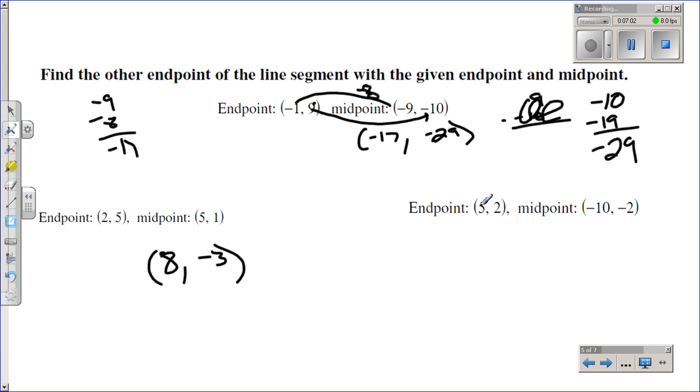To go from 5 down to negative 10, I went down 15. If I go down 15 more, I'm now at negative 25. To get from 2 to negative 2, I went down 4. If I go down 4 more, I'm at negative 6. So that's how you would find the other point in this case.